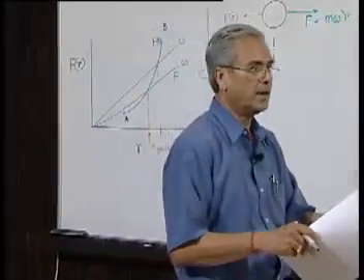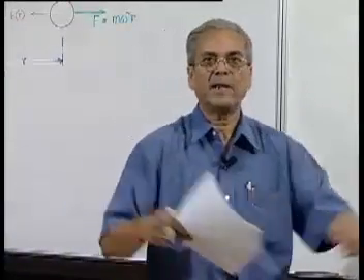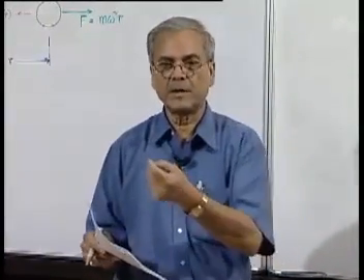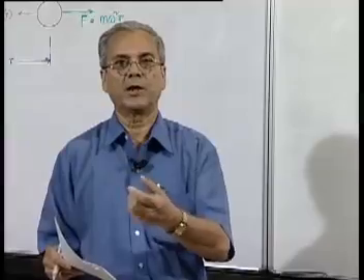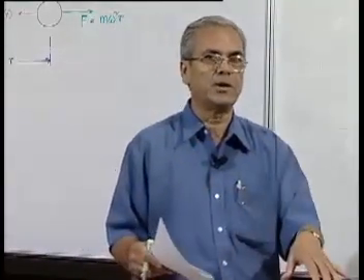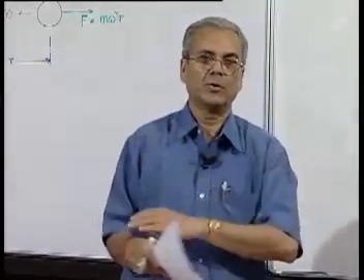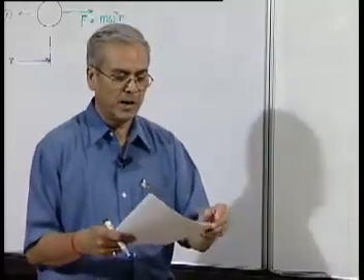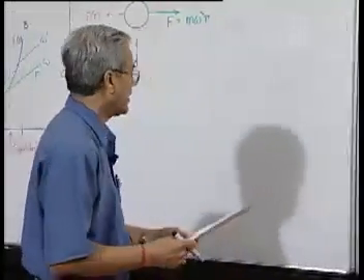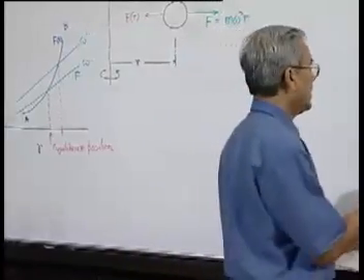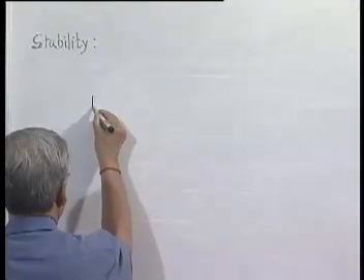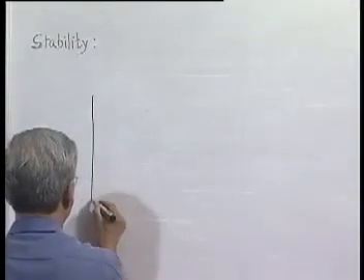On the other hand, if we displace it a little bit from the equilibrium position, and instead of going back it goes out, that is obviously an unstable situation. Let us consider the cases when a governor runs in a stable manner and when it is unstable.